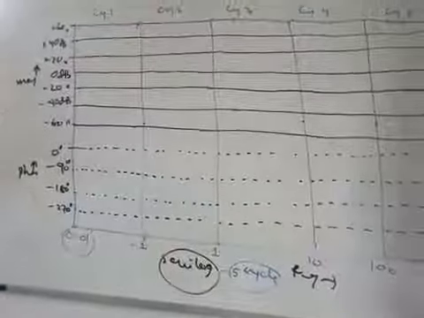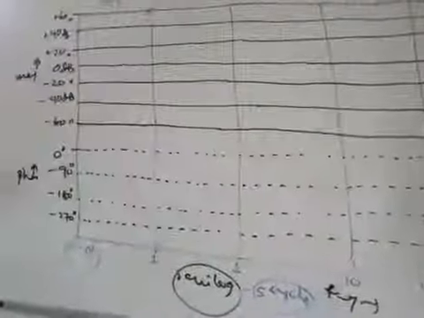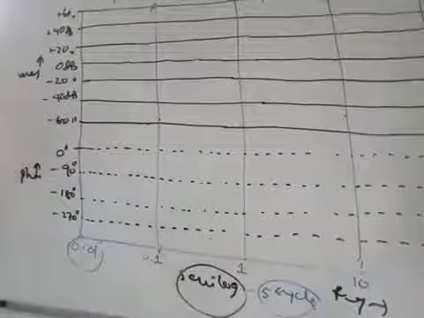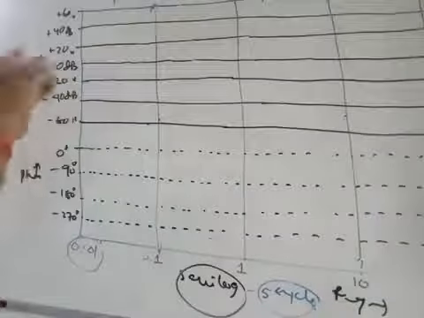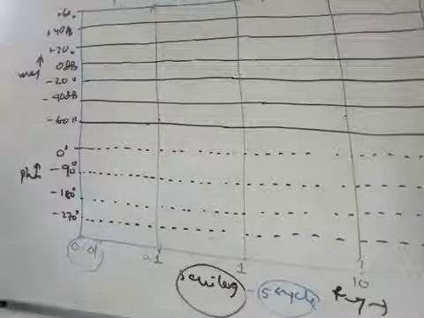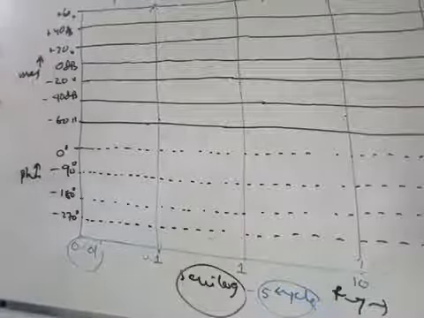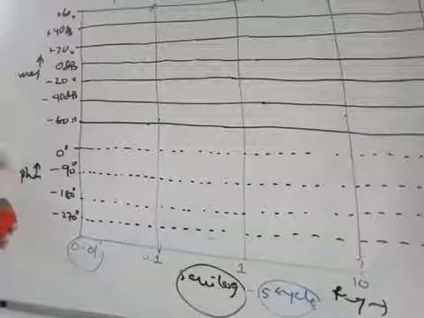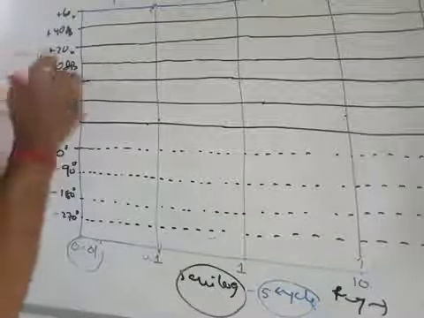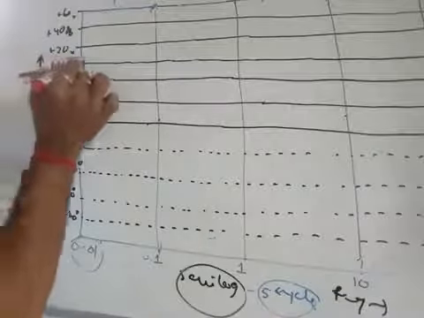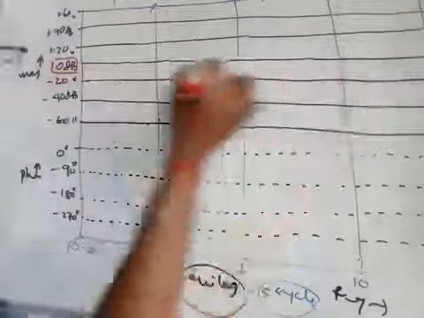Now one most important part I would like to show you: any line can be considered as the 0 dB line. Magnitude will be expressed in dB and angle will be expressed in degrees. So this is your 0 dB line. Any line in between is considered as your 0 dB line, right?